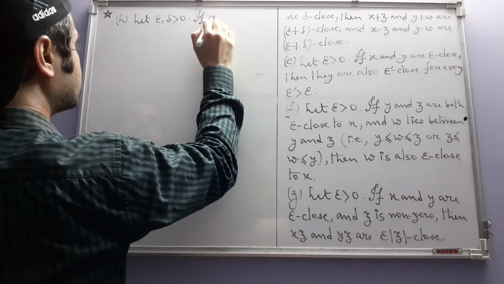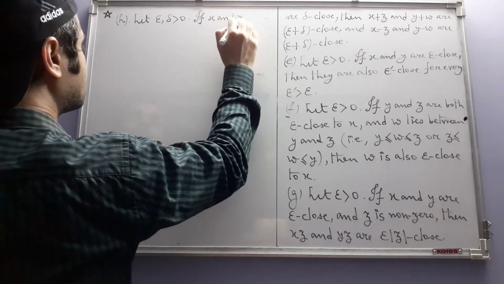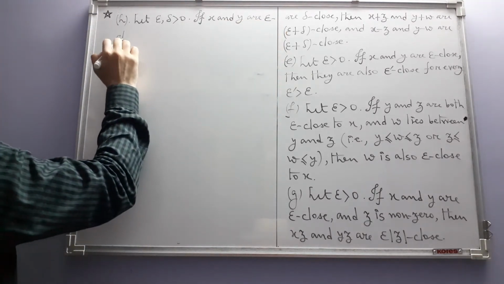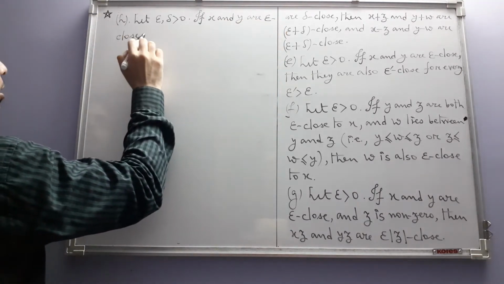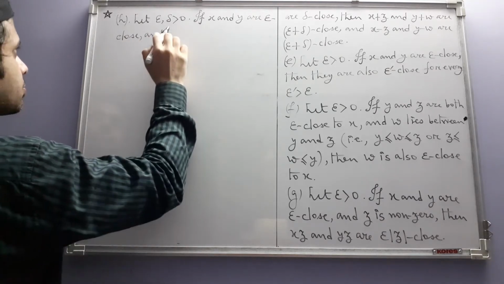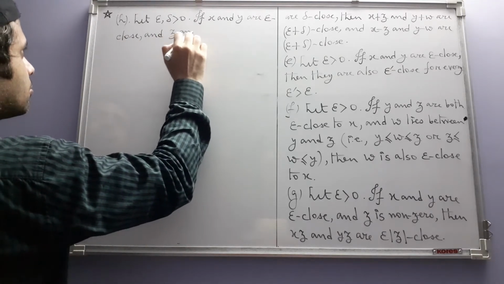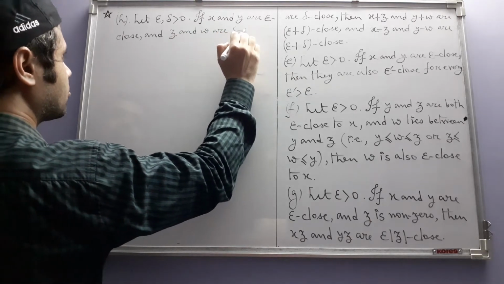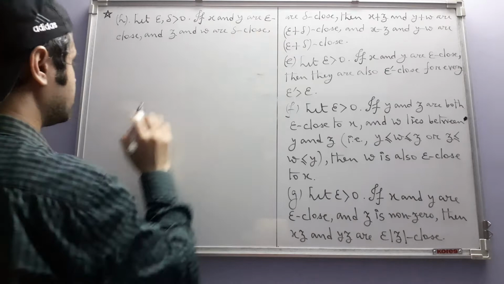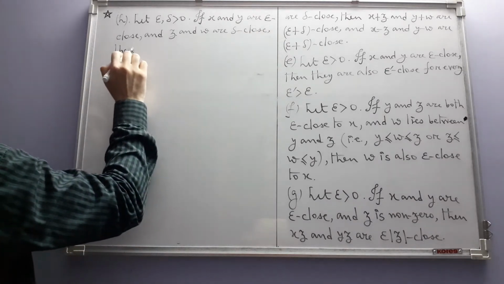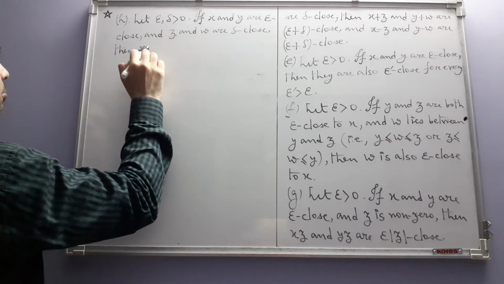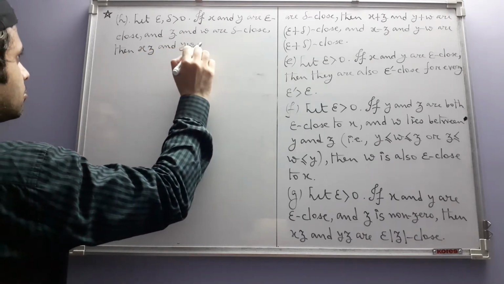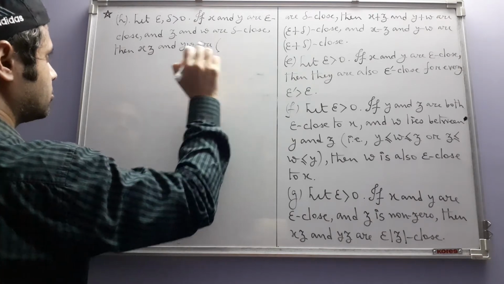If x and y are epsilon close and z and w are delta close, then xz and yw are this close.